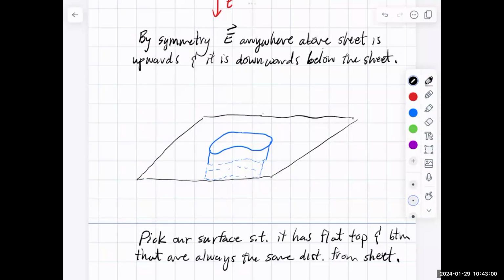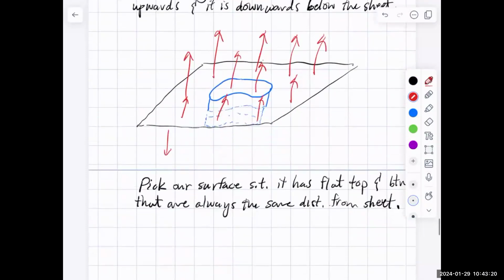Okay, good. Now I'll draw some electric field lines. We said the electric field is going to point upwards above the sheet, and it's pointing upwards at our surface too. So it's always pointing up. And then below the sheet, it's going to be pointing down. So I'll draw some of those as well. All right. And I'm going to add some of the normal vectors to our surface.